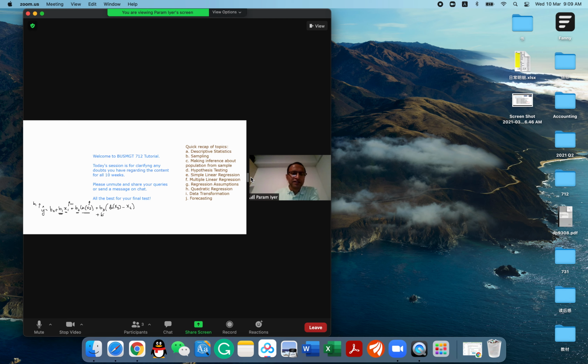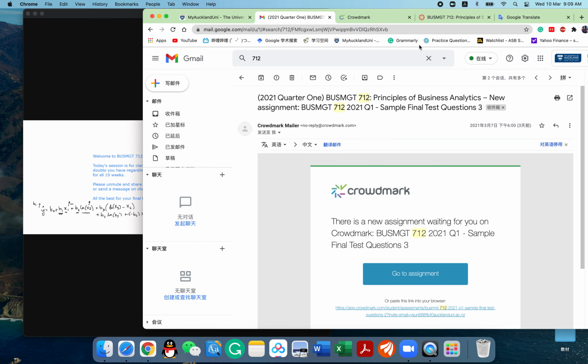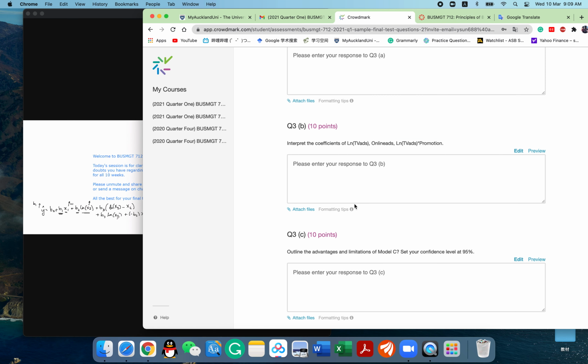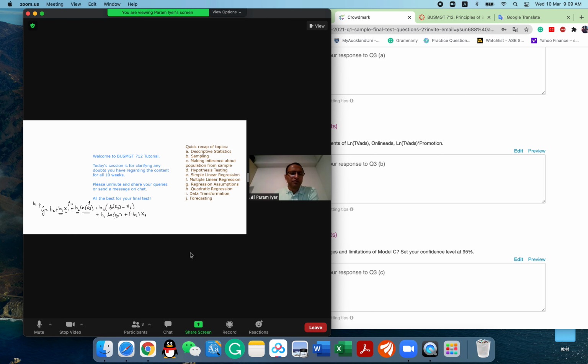This is b3 times log of x3 plus negative b3 times x4. If you just expand this out, you can make the same inference. If x3 goes up by 1%, how does it impact the final variable? And if x4 goes up by 1 unit, then this is negative, right?